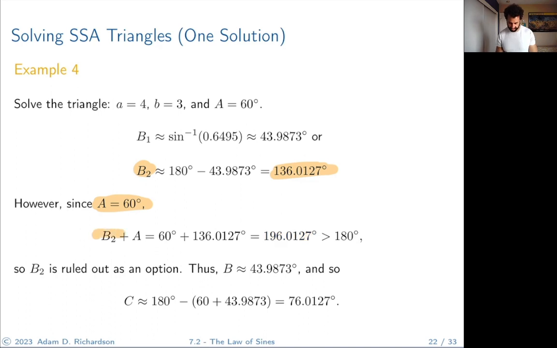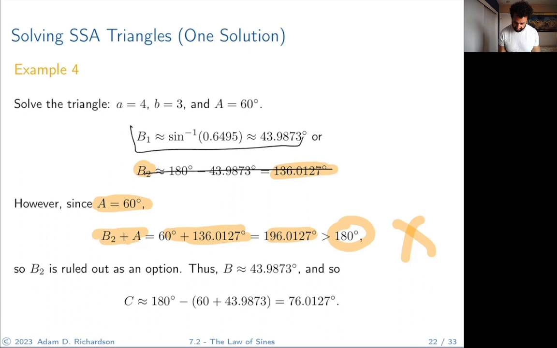So here, B2 plus the angle A is 60 degrees plus 136 degrees, which is about 196 degrees, which is greater than 180. So that means that B2 is not the correct choice because we need the triangle to add up to a total of 180 degrees. So B2 gets axed. B2 is not correct.